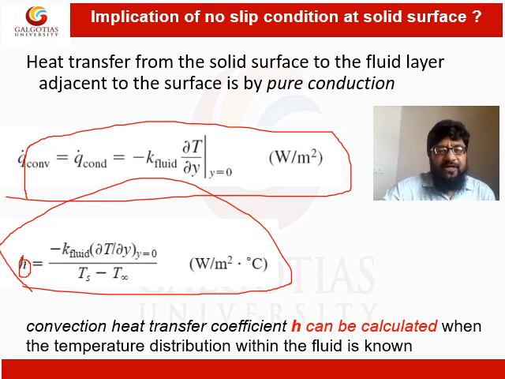So we can know that this h can be calculated if the temperature distribution is known along the y direction in the fluid, and k of the fluid we will know, and the temperature of the solid and the temperature of the ambient fluid are known.